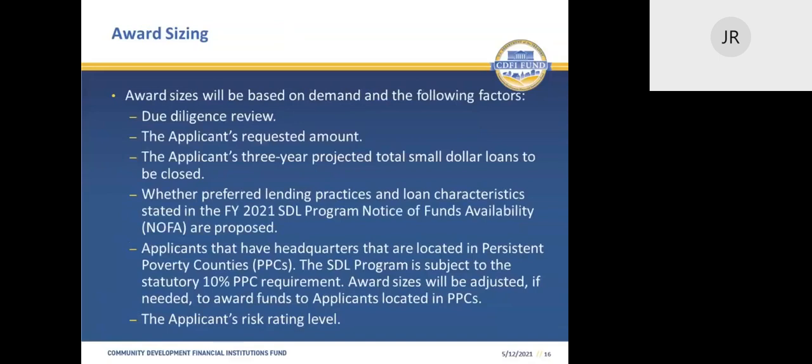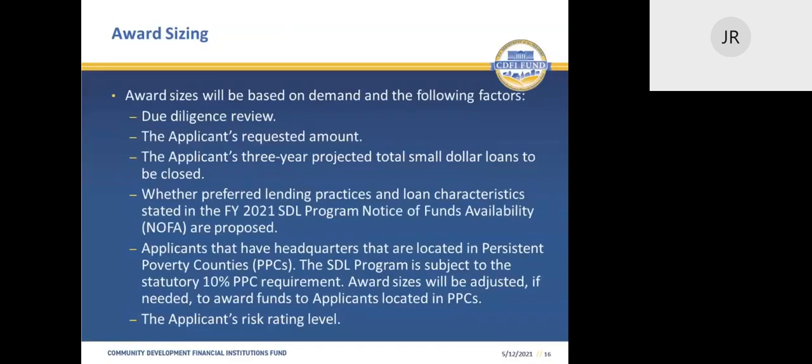Award sizes will be based on the following. We'll conduct our due diligence review, which will include a review of the management team and key staff, a history of performance in managing federal awards, an audit and regulator findings. We will also look at your requested amount. We'll look at your projected lending over a 3-year period.